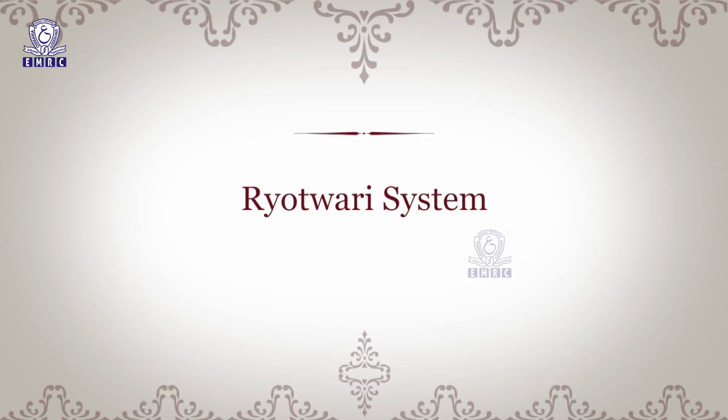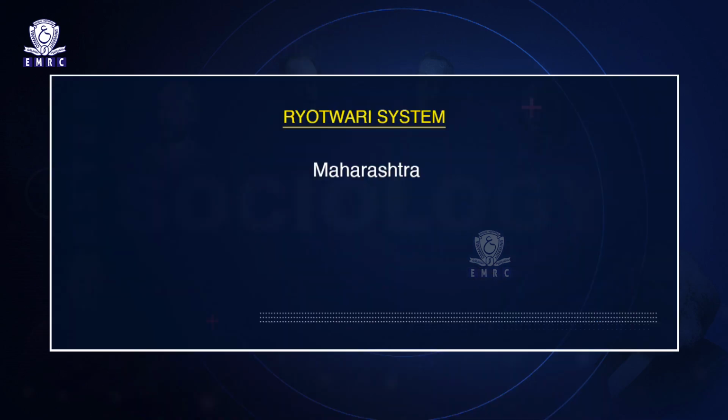Then, the Ryotwari system. This system was initially introduced in Tamil Nadu and was later extended to Maharashtra, Berar, East Punjab, Assam and Coorg. Under this system, the responsibility of paying land revenue to the government was of the cultivator or individual Ryot himself, and there was no intermediary between him and the state.